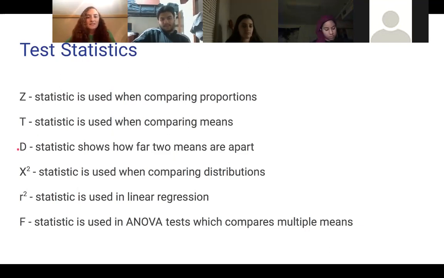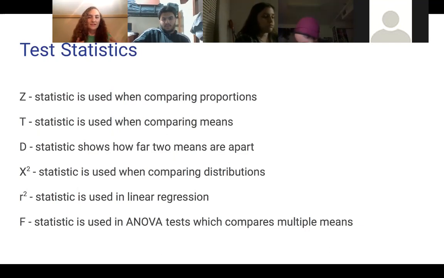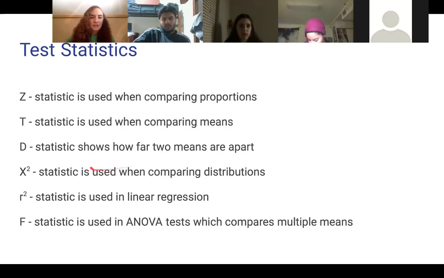Now, a D statistic is still looking at two means, but it's looking at how far apart they are. An example would be: I believe the difference between my class average and the other section's class average on the test is a 6-point difference. That would be an example of when you would use a D statistic.